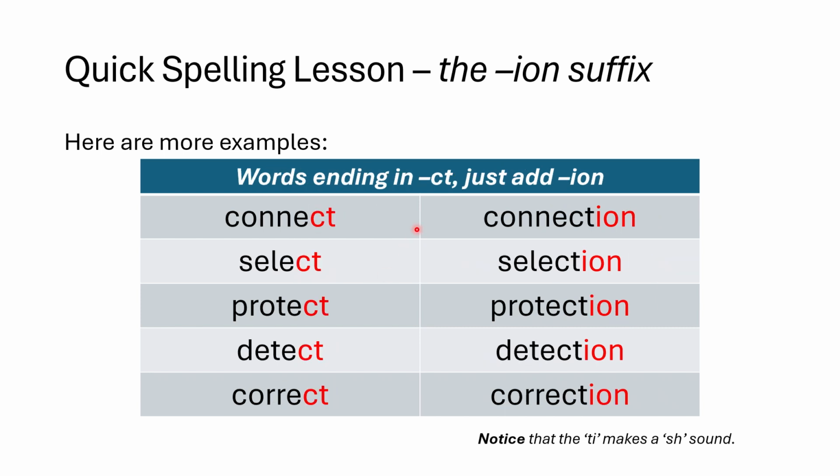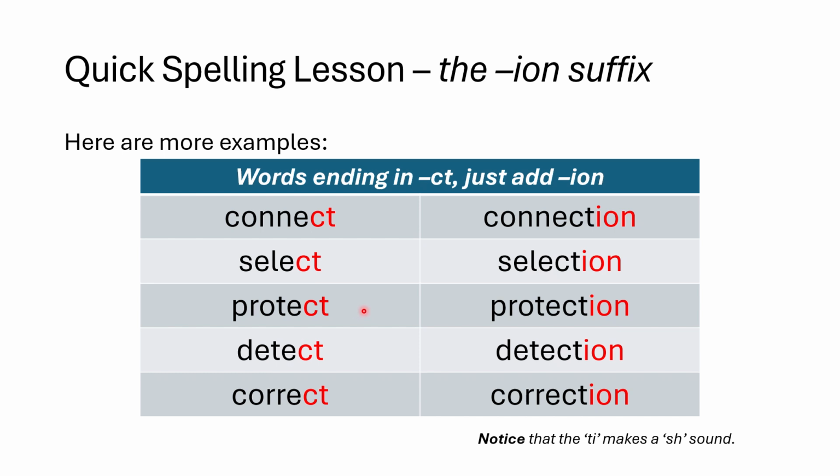If the words end in CT, just add ION. I will say the word. I will pause. When I pause, you say the word. The verb is connect. The noun is connection. The verb is select. The noun is selection.